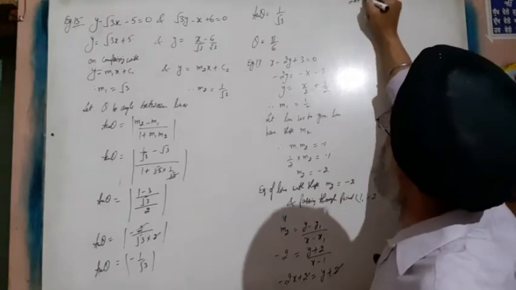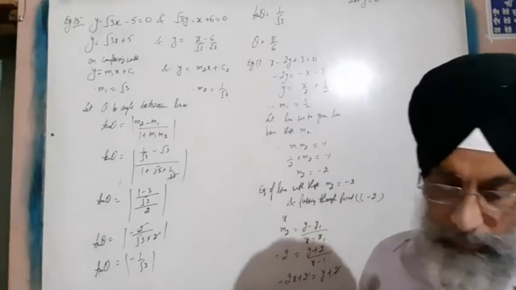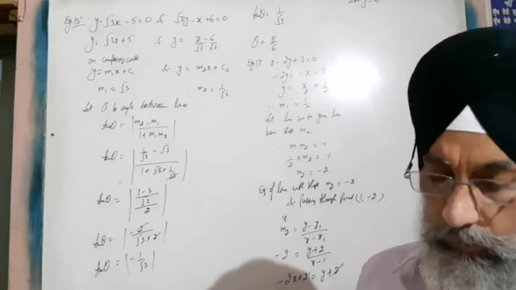So 2x plus y is equal to 0 is the required equation of the line. Okay?